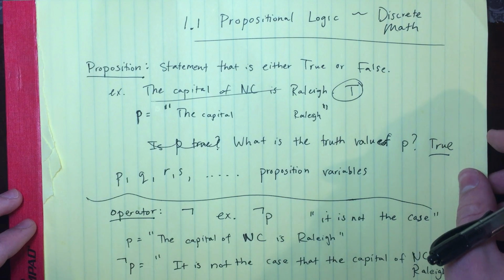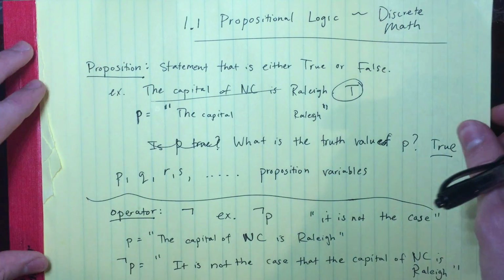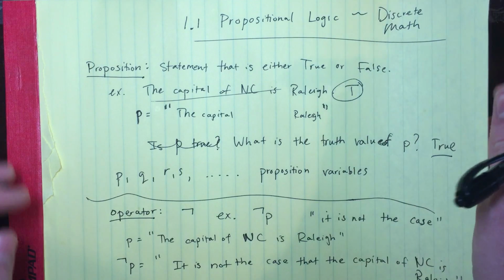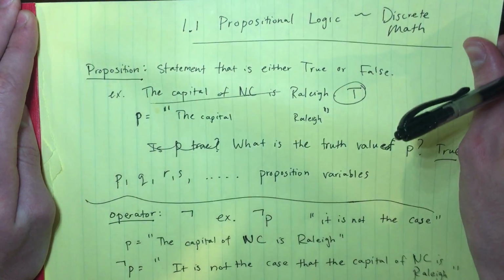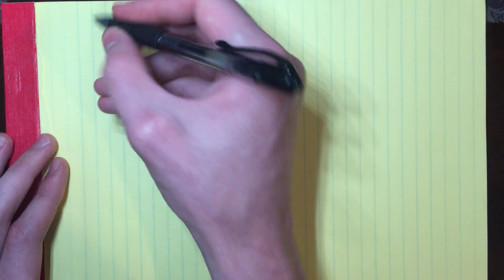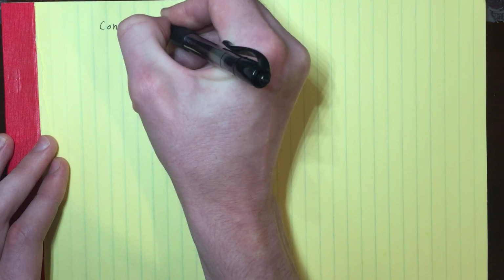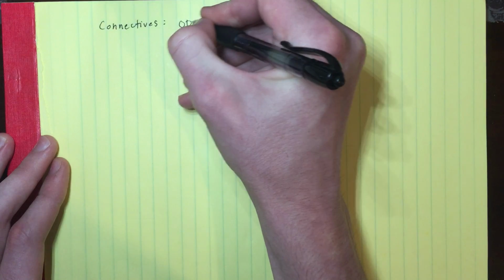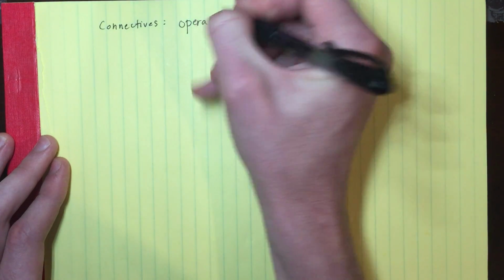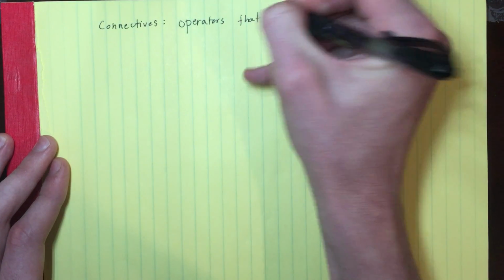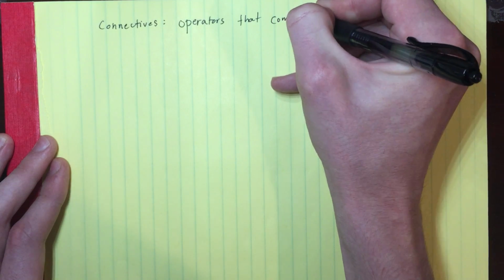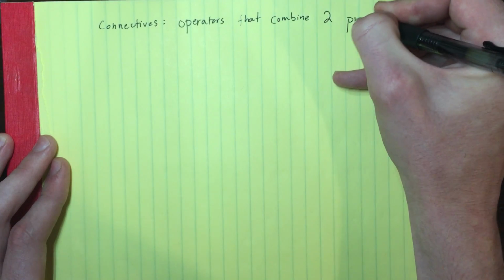There's also something called a connective. Let's go to another page. Connectives are operators that combine two propositions.